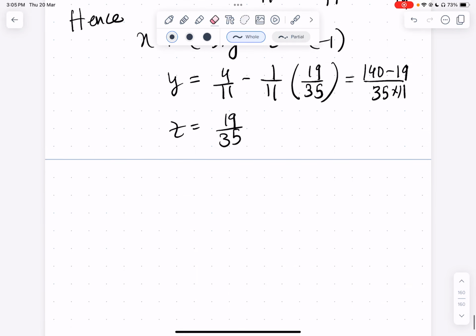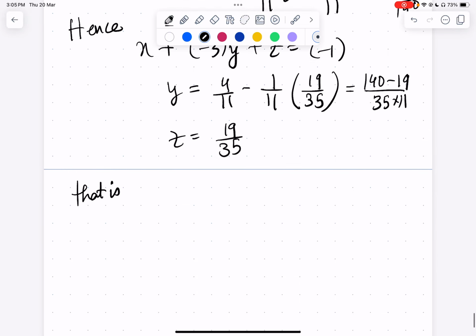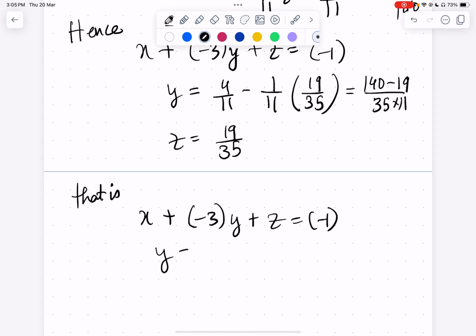so I'll write it again, that is, x plus minus 3y plus z equals minus 1, y equals, this is 121 by 35 into 11. So 11s are 121.